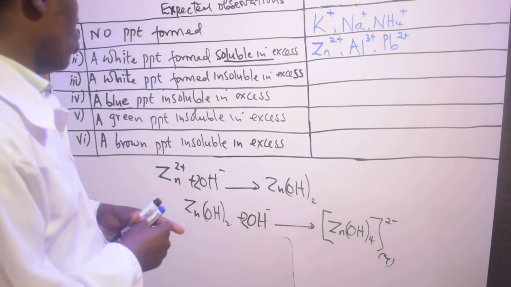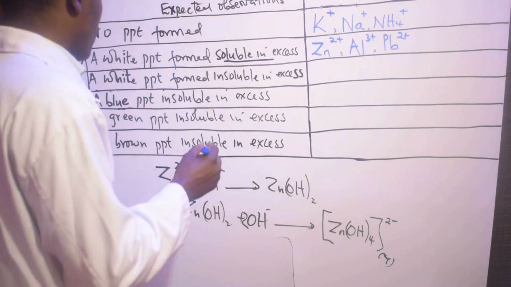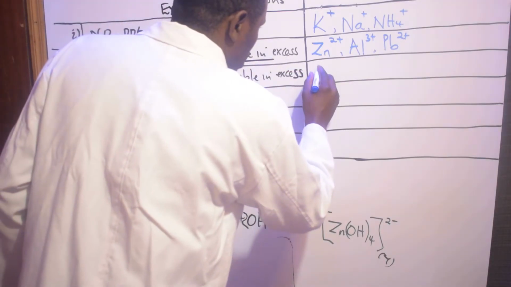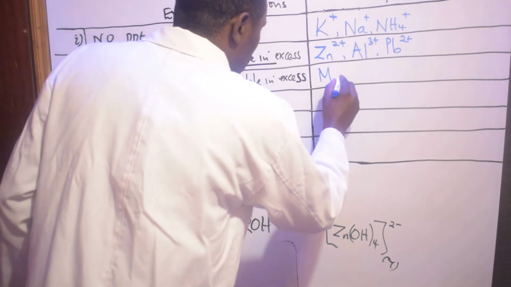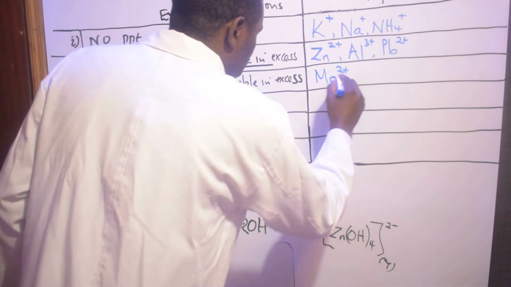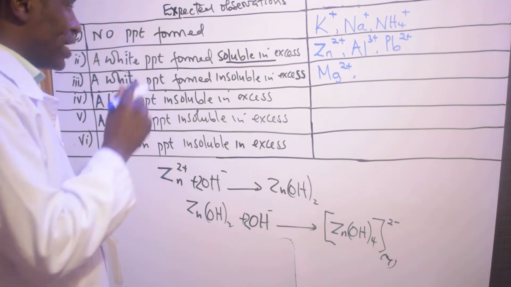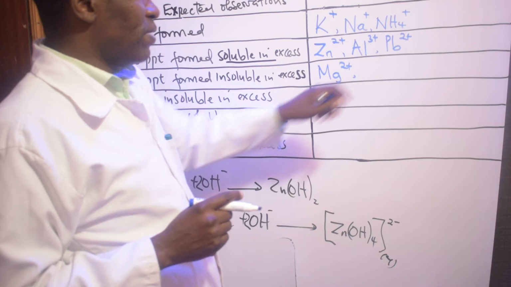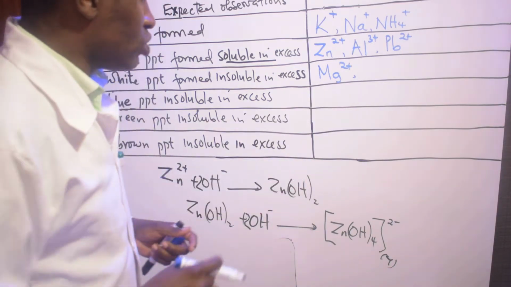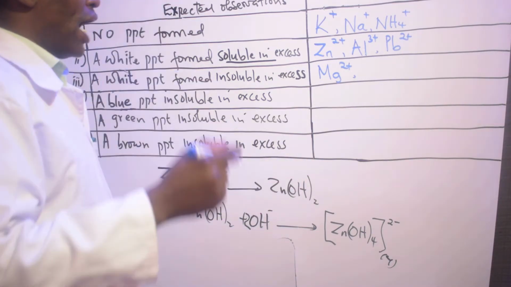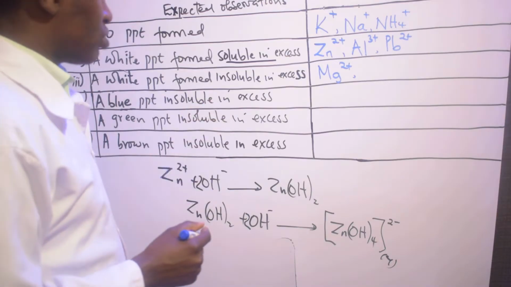Now, which are these? With this one, we are going to have the magnesium ions. Look at that. Magnesium hydroxide is not amphoteric, and therefore it will not dissolve upon addition of more sodium hydroxide.